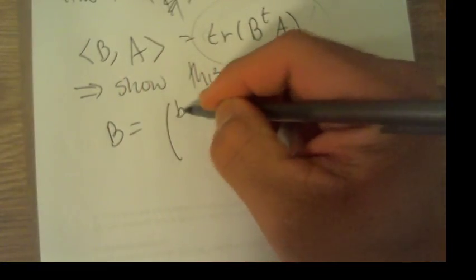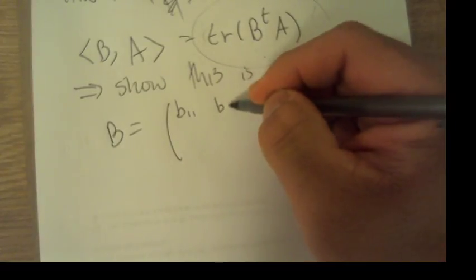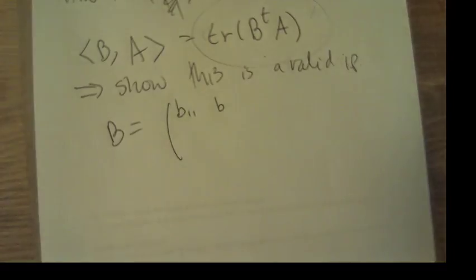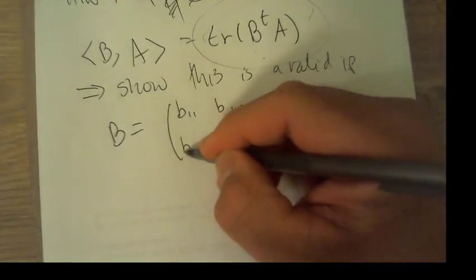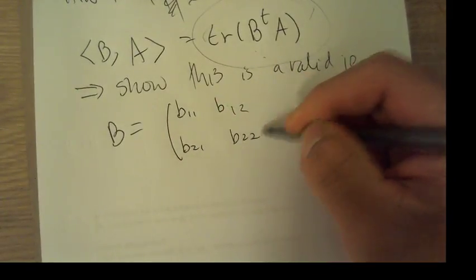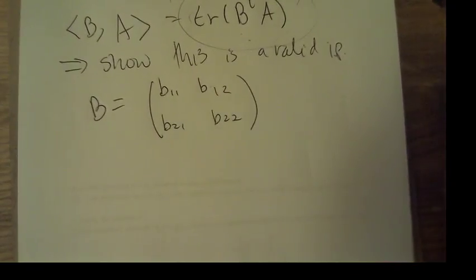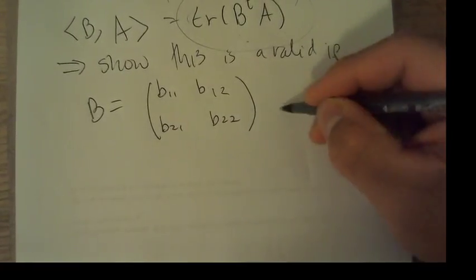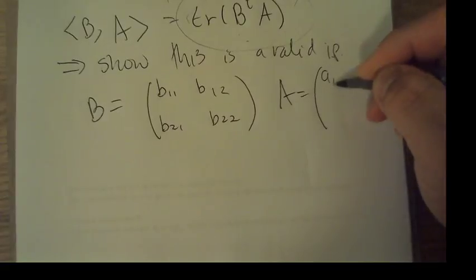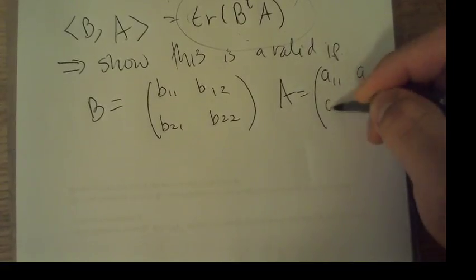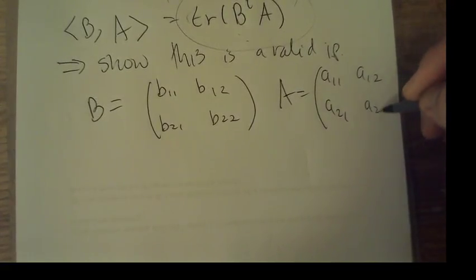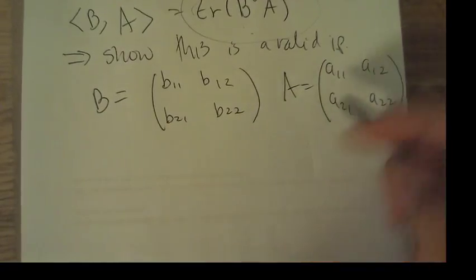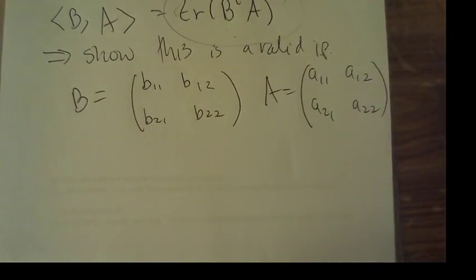Let's say that B is some matrix that we'll call that. Okay. And then A, we'll do the same thing: A11, A12, A21, A22, where these are just any real numbers.